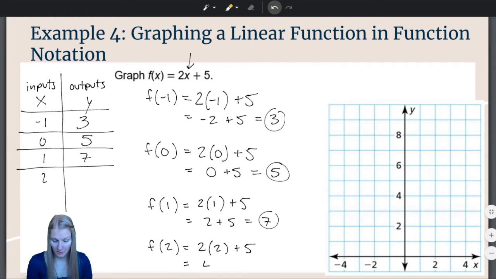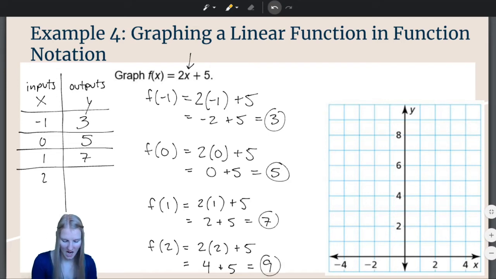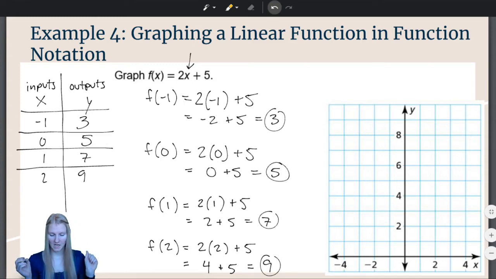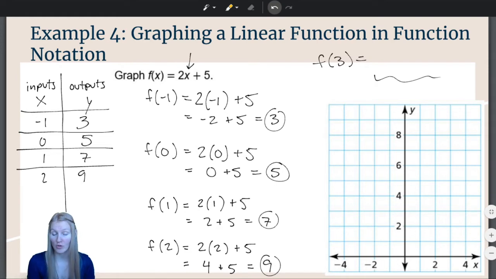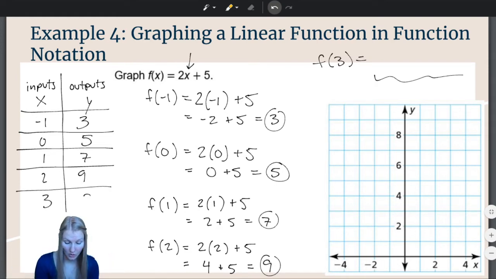So 2 times 2 is 4 plus 5. 4 plus 5 is 9. So when our input is 2, our output is 9. Okay, if you want to, try f of 3 on your own and see when the input is 3, what is my output? You can try that yourself.